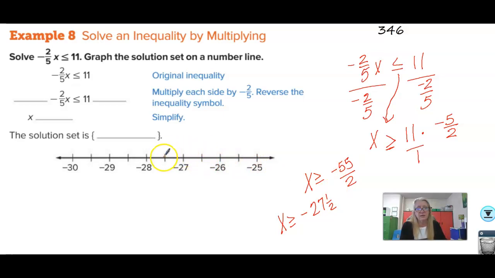It would be right here. We have an or equal to, so we're going to color in the dot. And we want to show that x is greater than that number, so we're going to shade to the right. If you wanted to write the solution set, you would write x, with the long line, and then x is greater than or equal to negative 27 1/2.